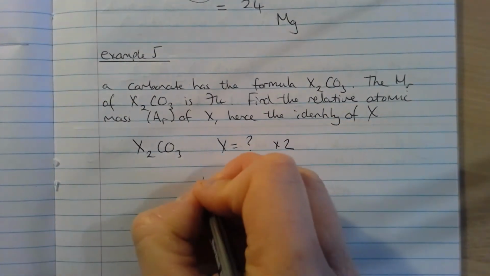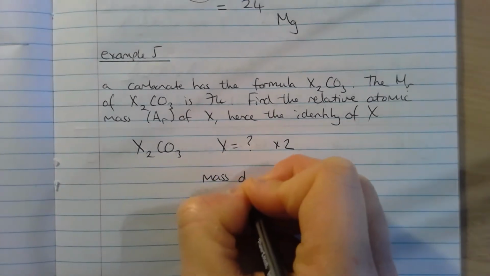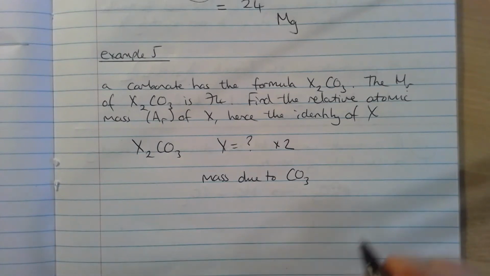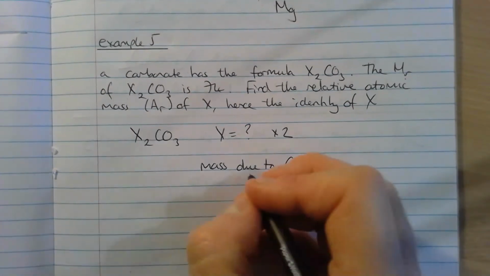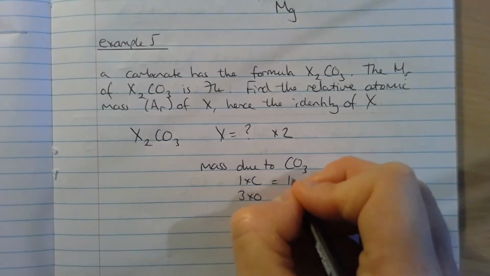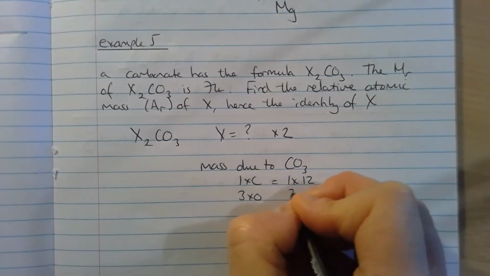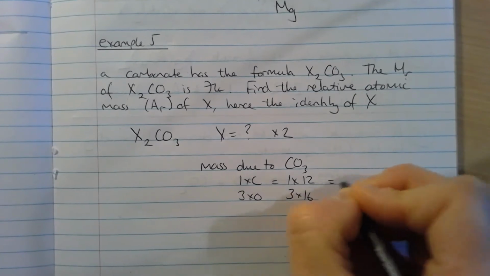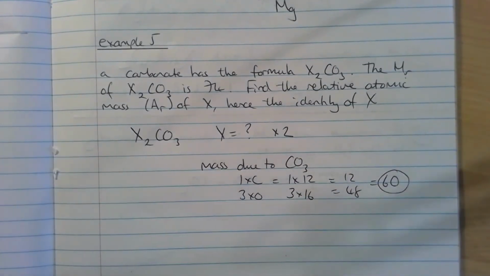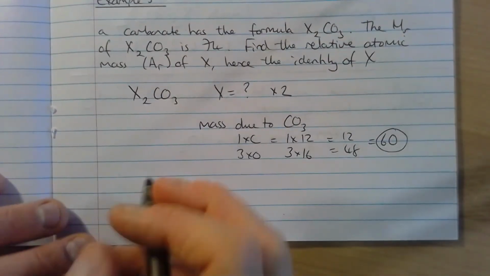We can work out the mass due to the carbonate, which we've already done in the previous example, but just to be sure, that's 1 times carbon, 3 times oxygens, equals 1 times 12, and 3 times 16, 12, 48, gives us 60. So the mass due to the carbonate is 60.